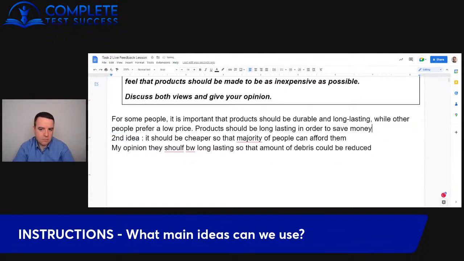Save money, I think, on the long term. Save, give me a moment now.